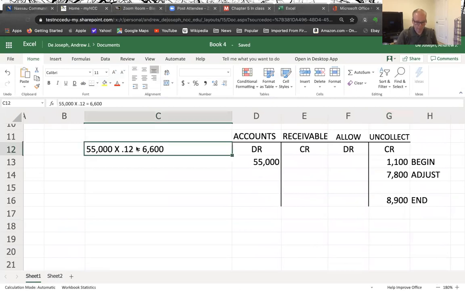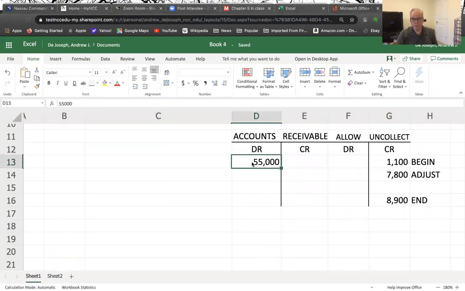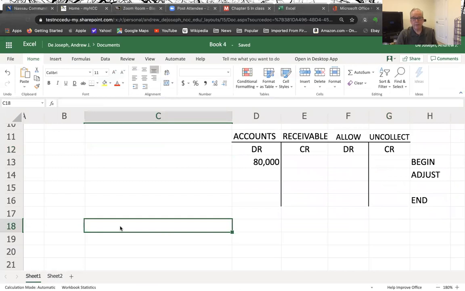So let's do it. Let's just put some numbers here just so we get a feel for what's going on. This is 80,000. This is in your book.